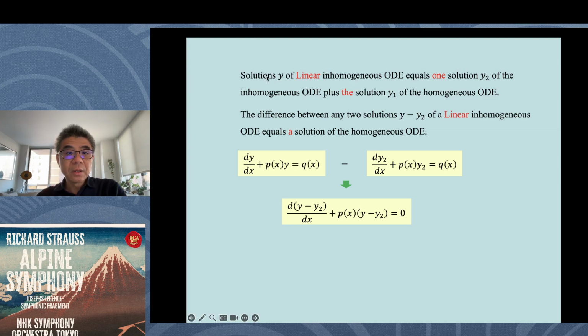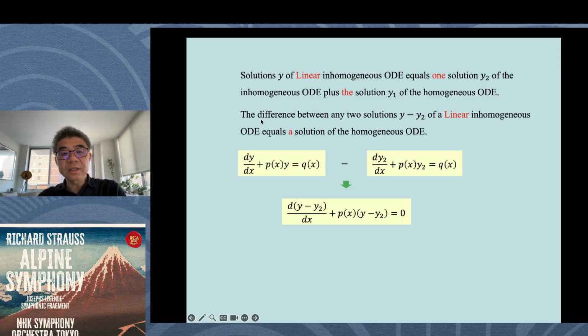Here, I say that the solution y of a linear inhomogeneous ODE is equal to one solution, let's call it y2, of the inhomogeneous ODE, plus the solution y1 of the homogeneous ODE. The reason is simple.